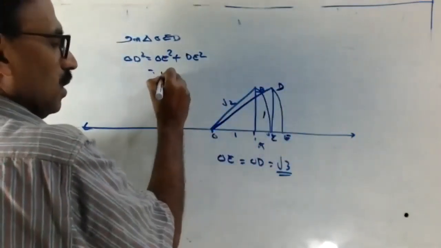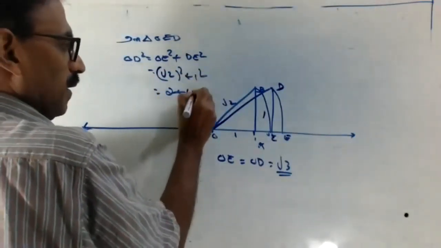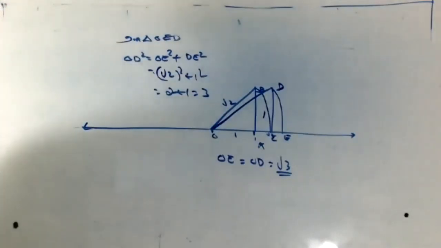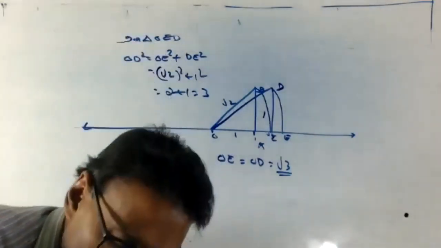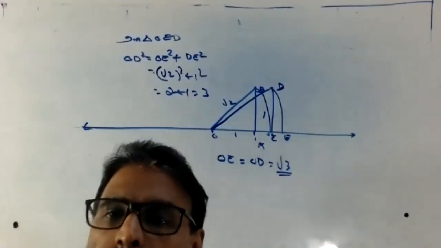OE is root 2, whole square, plus 1 square. That is 2 plus 1 equal to 3. Therefore OD equal to root 3.